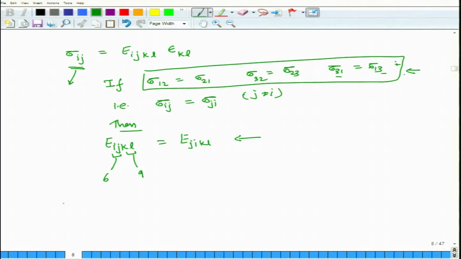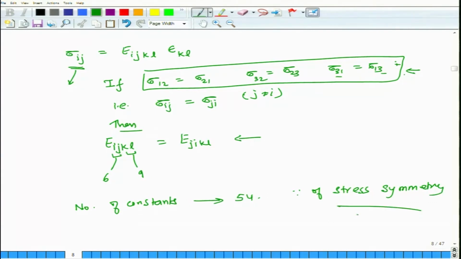So, because E ijkl is equal to E jikl, the number of constants goes down to 54. And this is because of stress symmetry, that is sigma ij is equal to sigma ji.